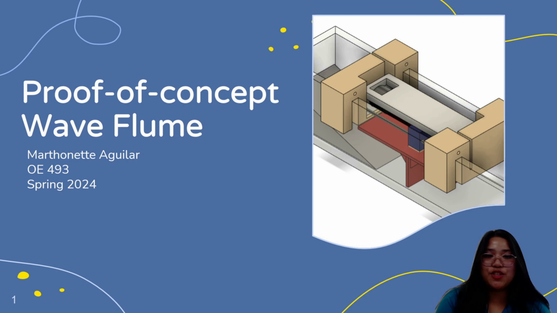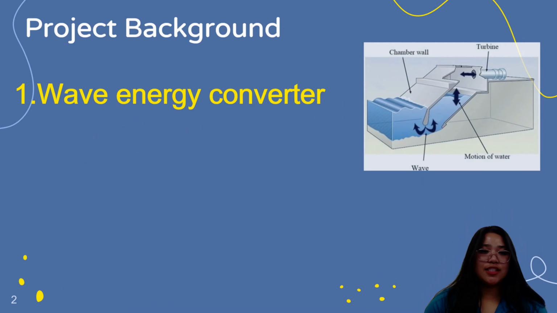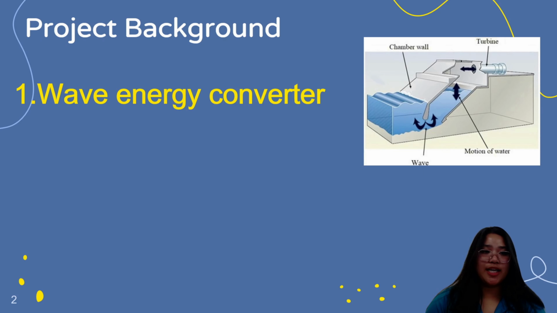And I'm going to be presenting to you today my senior capstone project, which is a proof of concept wave flume. Just to give you a little background about my project: in the beginning of this class, I wanted to create a wave energy converter, mainly an oscillating water column wave energy converter.